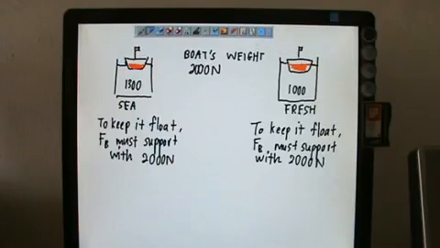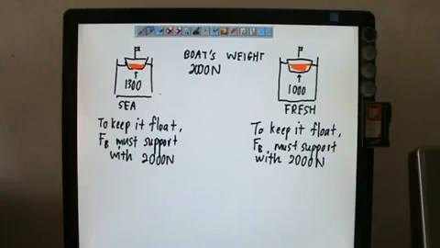And then you look at this one, in fresh water it actually sinks more. Why does it sink more? But before we find out, we need to know that the upthrust supporting must be 2000 as well. For both, the upthrust supporting the boat must be 2000 to keep the boat floating.